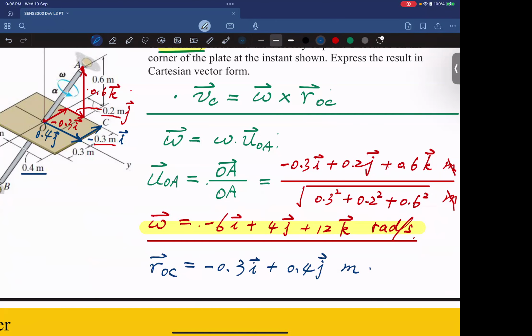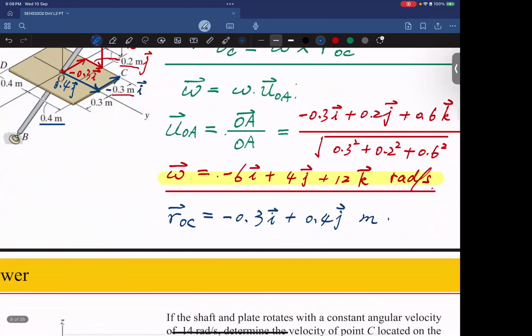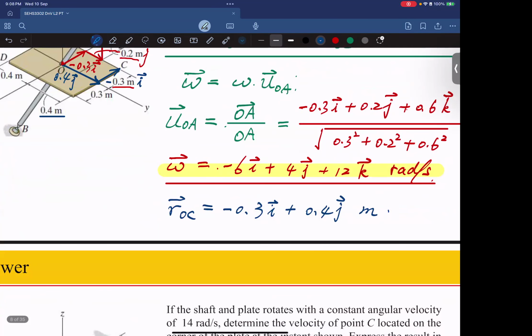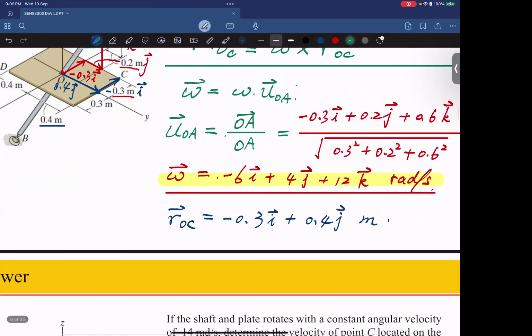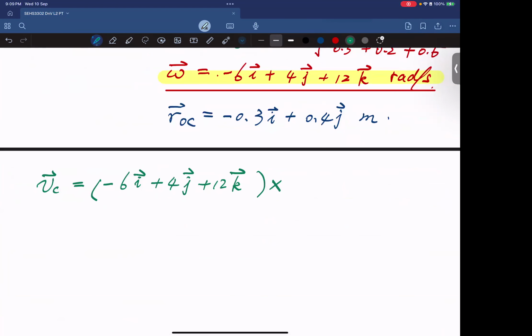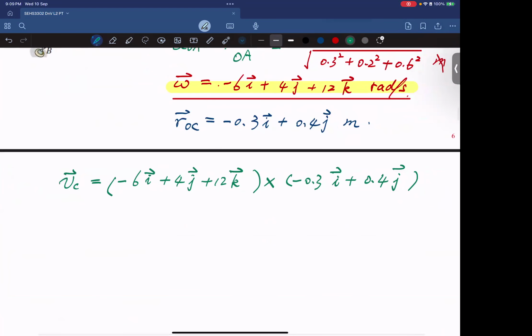This is omega and this is R, and we put them together into the formula. So V_C is negative 6I plus 4J plus 12K, cross negative 0.3 I plus 0.4 J, with meter per second as the unit.